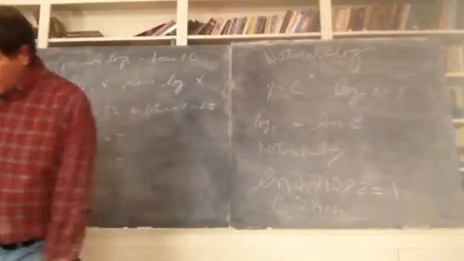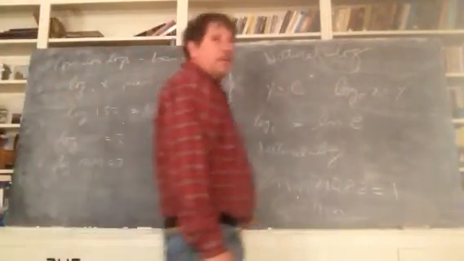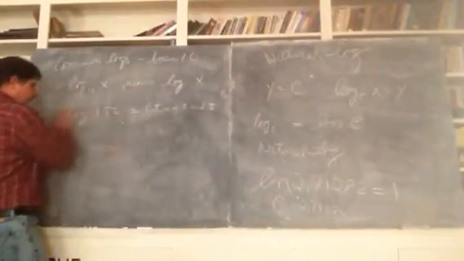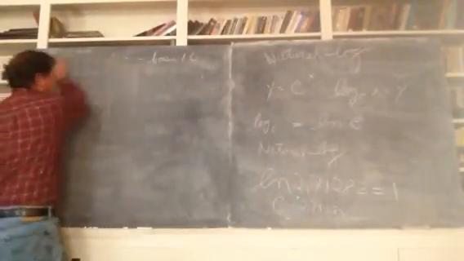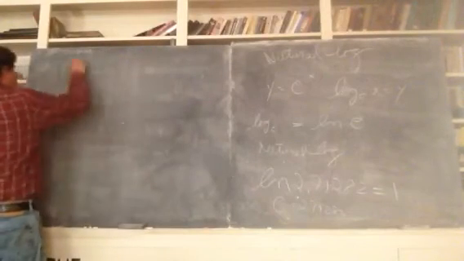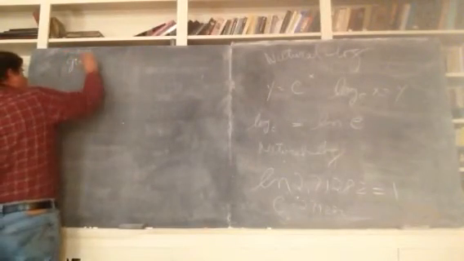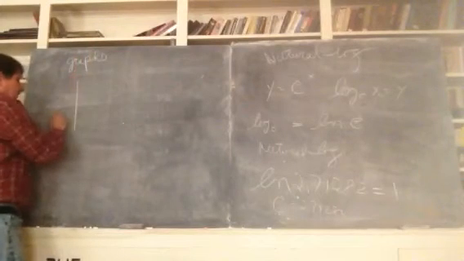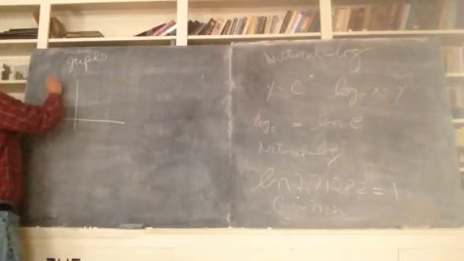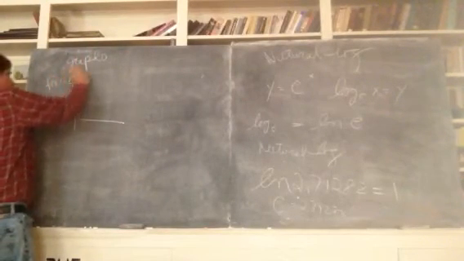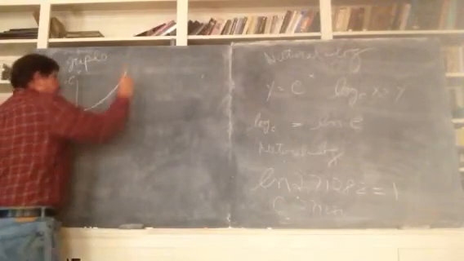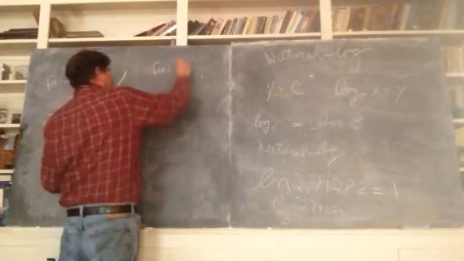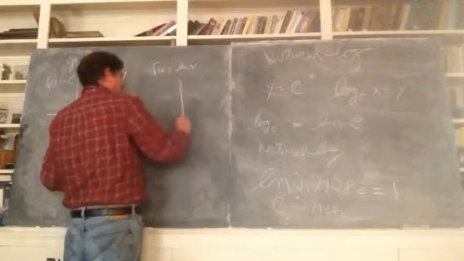Natural logs. Okay, let's talk a little bit about these graphs. f of x equals e to the x. We did this before. It looks like this. f of x equals ln of x looks like this.